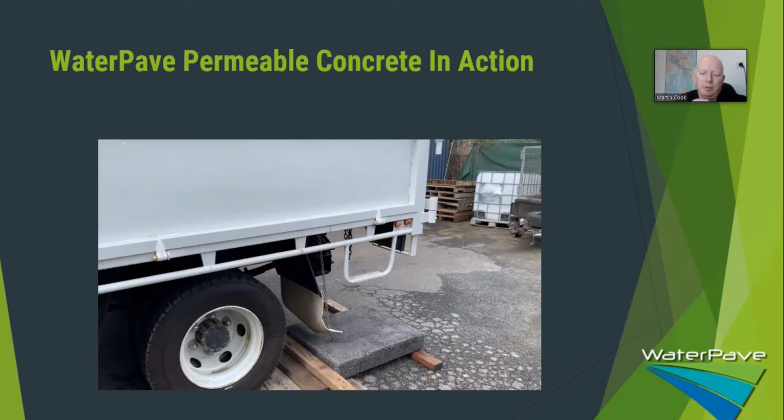If you really wanted to do it, you'd have to hand compact around each and every bar to make sure that you've got the permeable concrete underneath it. A lot of the time you can't do that. It's just cost prohibitive and too labour intensive. So it's best to not have mesh in there at all.